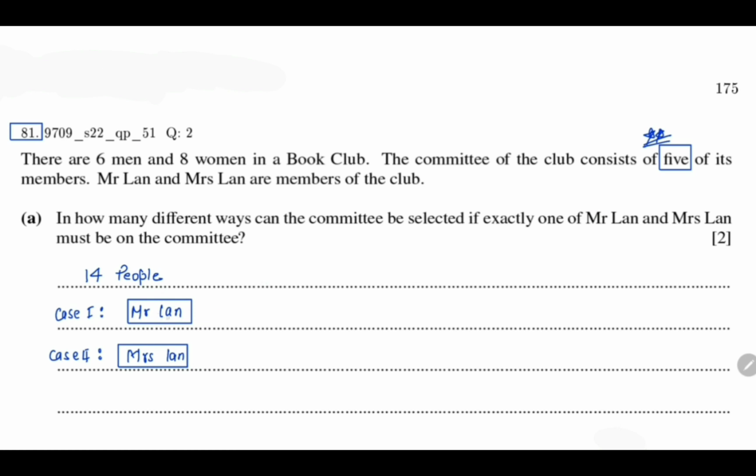See, Mr. Lane is already selected and we do not have to select Mrs. Lane. So if we remove 2 people out of 14, Mr. and Mrs. Lane, we are left with 12. So 4 people can be selected out of 12 people in 12C4 ways. Similarly for Mrs. Lane as well, we have 12C4 ways.